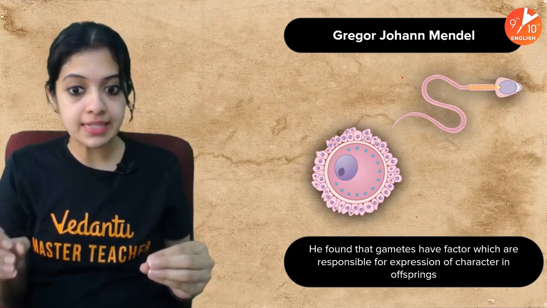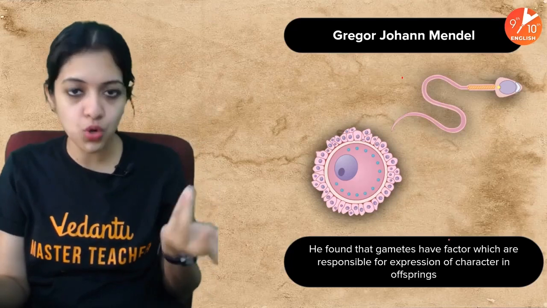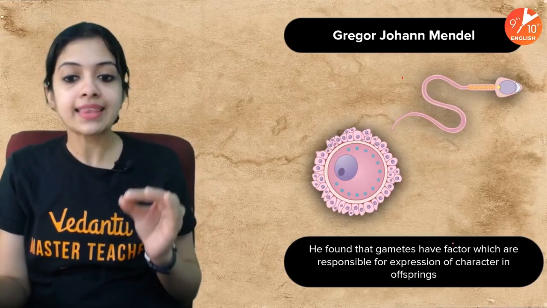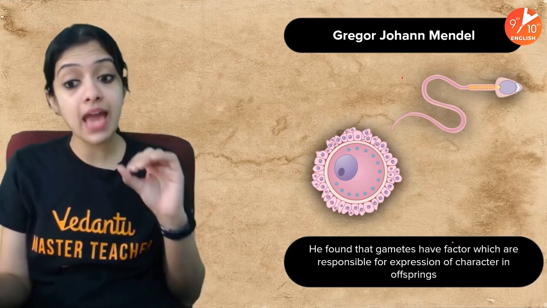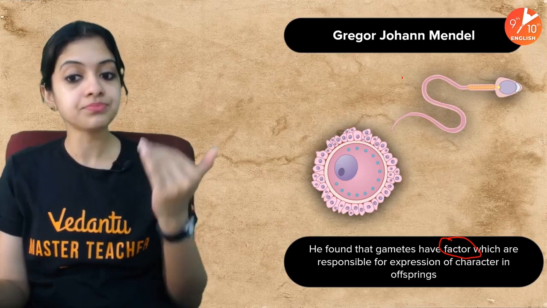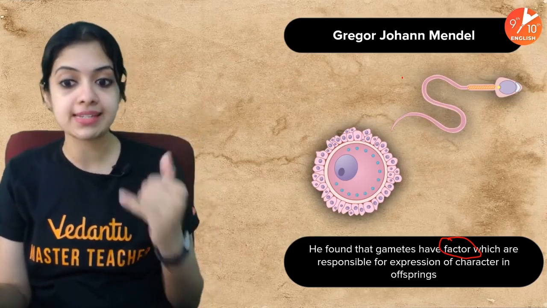In these pea plants, he came to the conclusion that gametes, which all sexually reproducing organisms produce, right, have what we call factors, which are responsible for expression of characters in offspring.